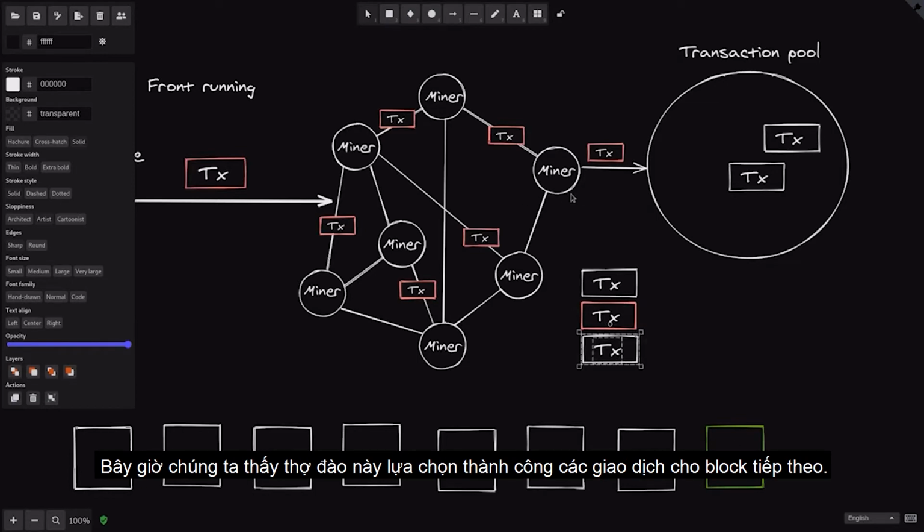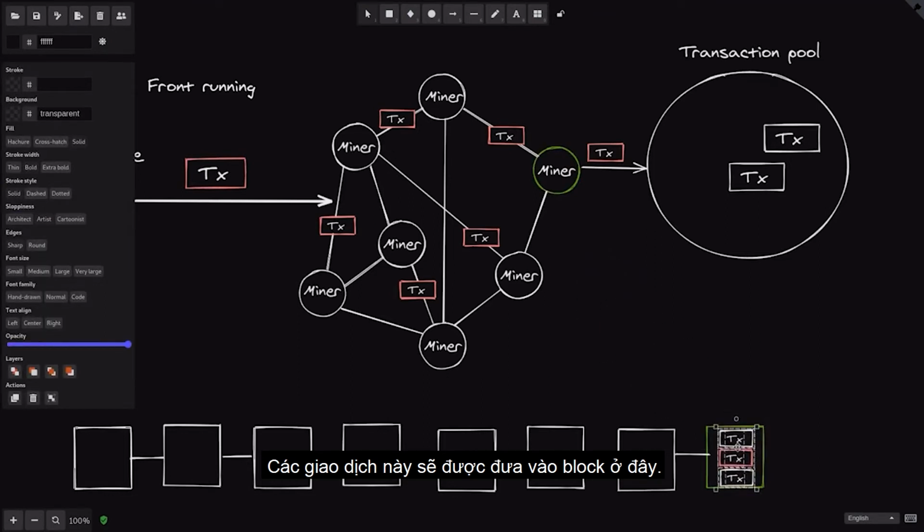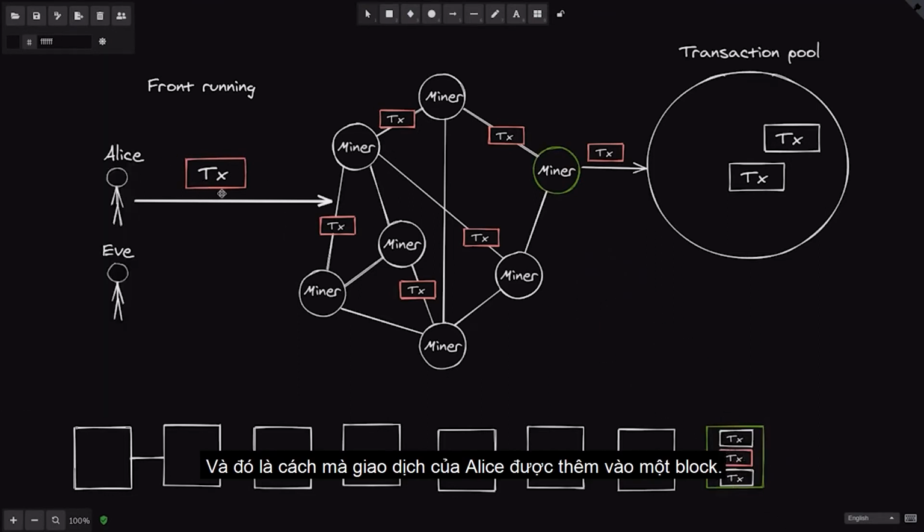Now let's say that this miner over here was successfully able to include these transactions in the next block, and these transactions will be included in the block over here. So that is how Alice's transaction is included into a block.